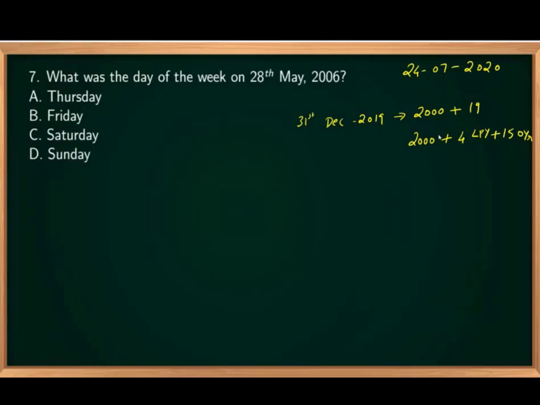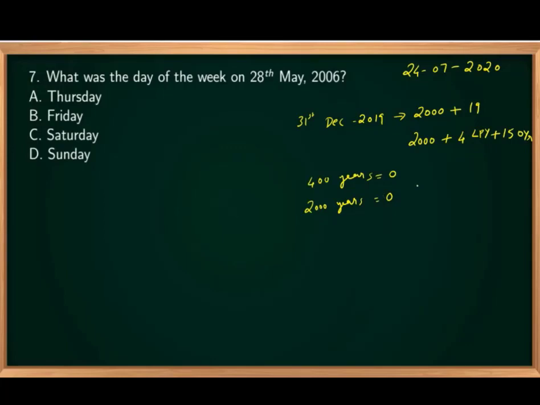So the number of odd days in the first 2000 years, what will be the answer? Obviously 0, since it is a multiple of 400. Okay, fine.